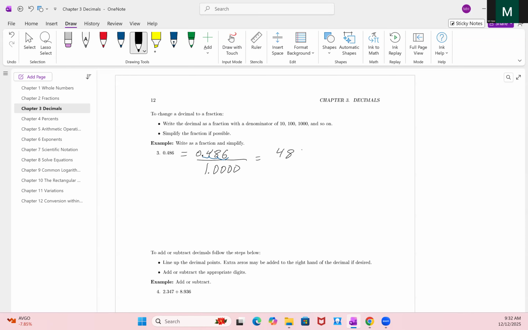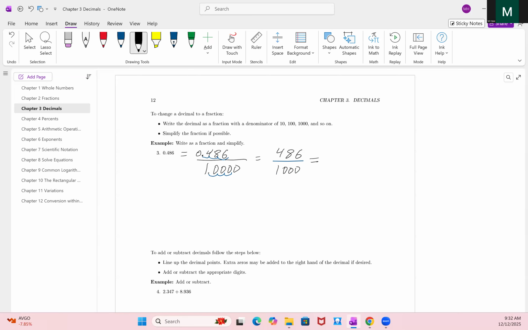Because we move the decimal in the numerator 3 places to the right, we need to move the decimal in the denominator 3 places to the right. 2, 3. So over 1,000. So we changed the decimal into a fraction: 486 over 1,000. Now we can simplify this. We need to find common factors, the greatest common factor.